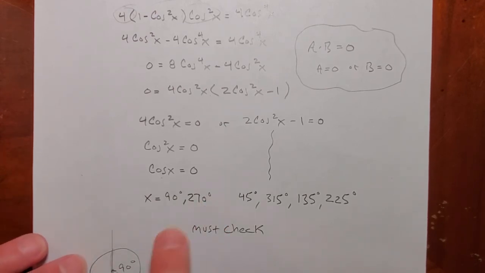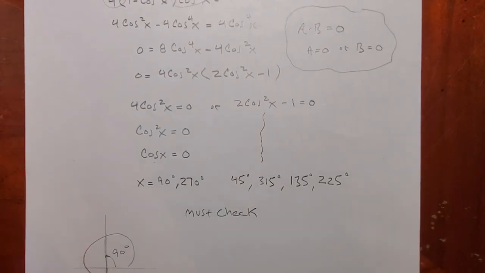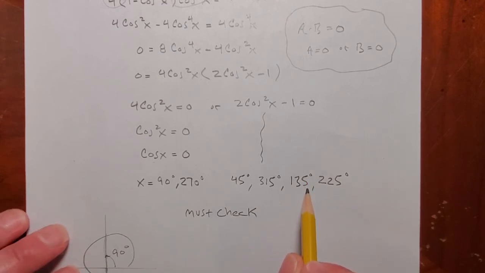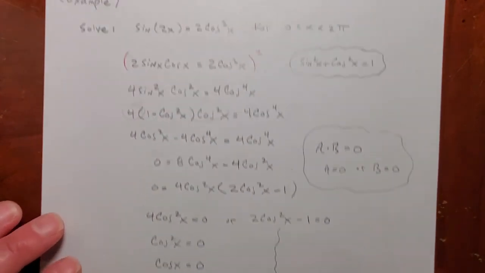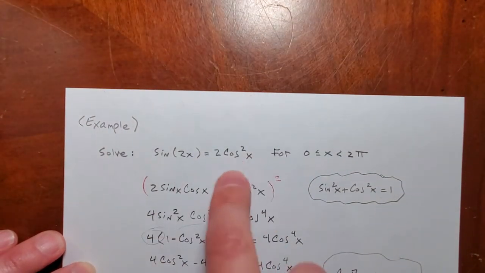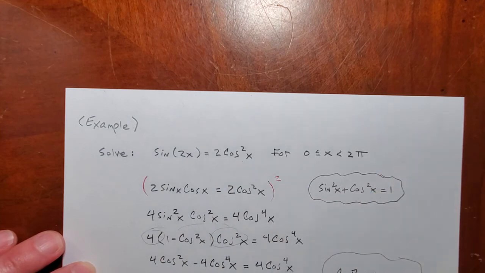Let's do 135. Okay, that's one of the ones that doesn't work. But say I've got to check these one at a time. So does 135 degrees work in this original equation? If you plug it in, it has to make it true. That's what makes it an answer, right?